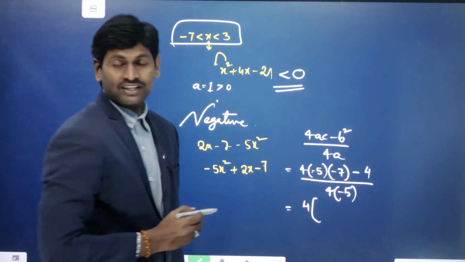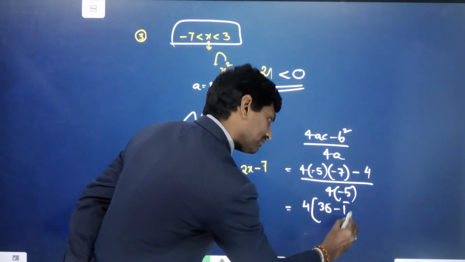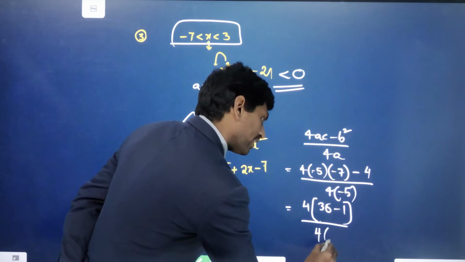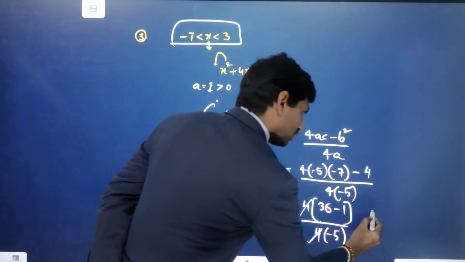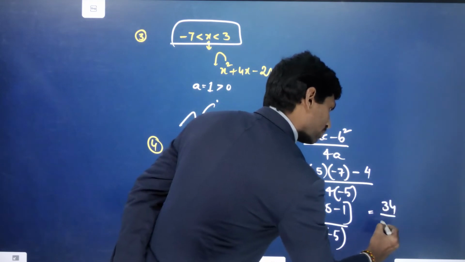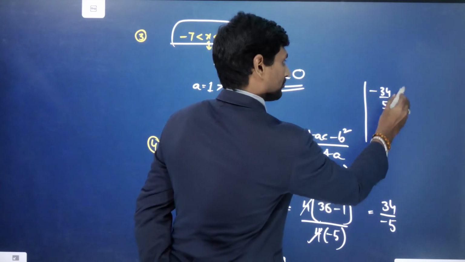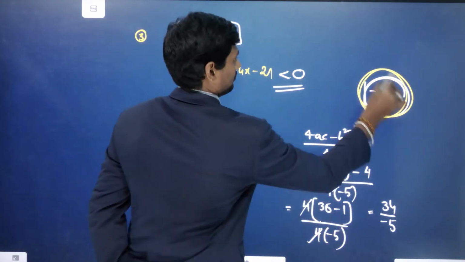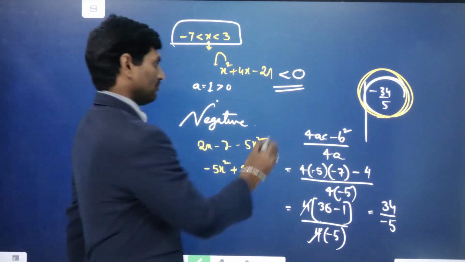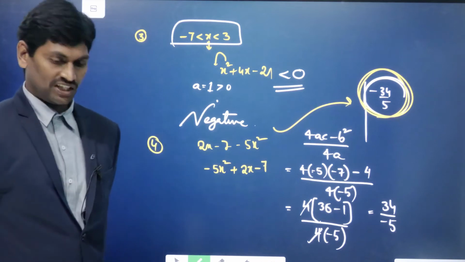Now minus into minus plus 5 sevens are 35, and minus 1 by 4 into minus 5. 4 and 4 cancel, 35 minus 1 is 34. 34 by minus 5 is minus 34 by 5. This is our answer for the fourth question. Check.